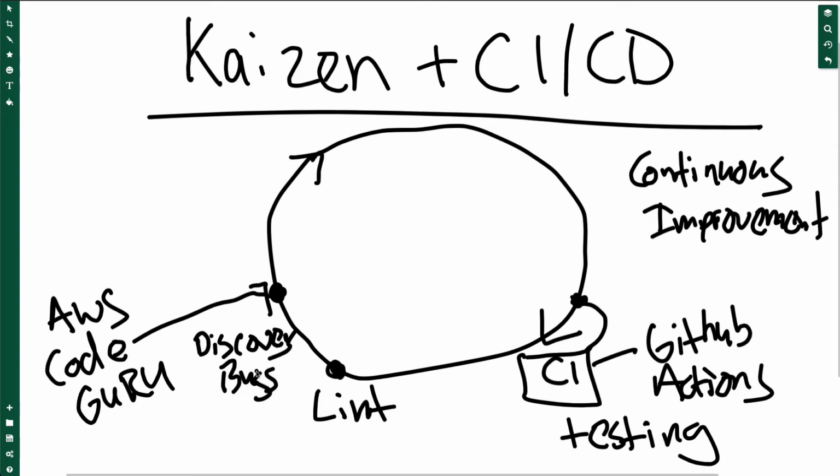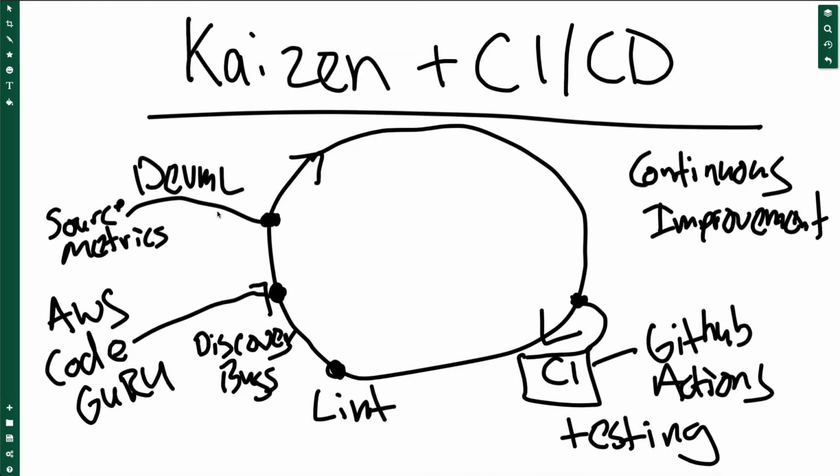You could also look at other things like source code metrics as well. And let me just show that as well. We'll say source metrics. There's another tool that I've developed called DevML that I'll briefly show you, that looks at different things like churn and other metrics.